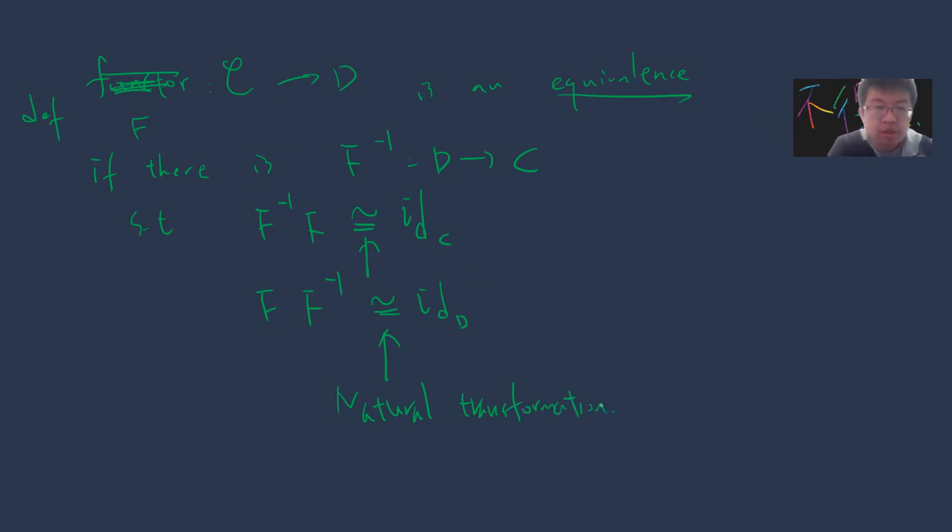Okay, so this is the definition. We say that the two categories are equivalent, meaning there is a functor from C to D such that this holds. This is a new definition that I think I haven't mentioned.